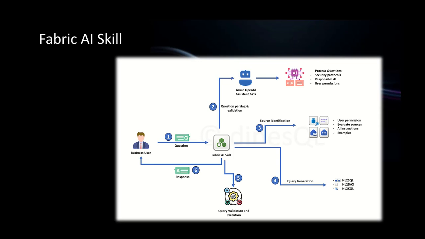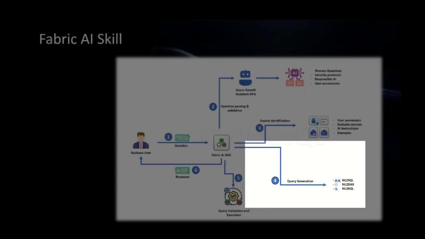So once the source is identified, then what you're going to see is the query generation step. So it will use a tool, we call it natural language to SQL. That is basically for lakehouse tables and warehouse tables. Then we have another tool called natural language to DAX. That's for semantic models. And then it will use natural language to KQL for KQL databases.